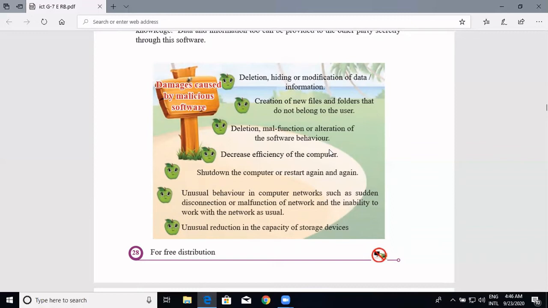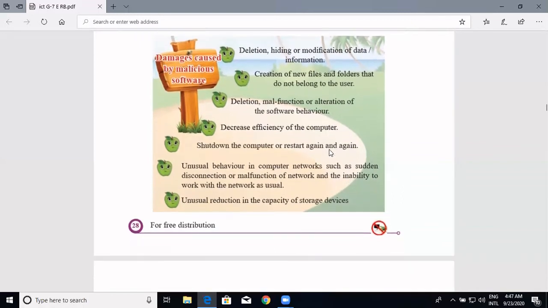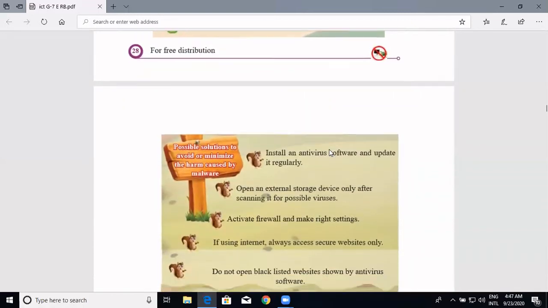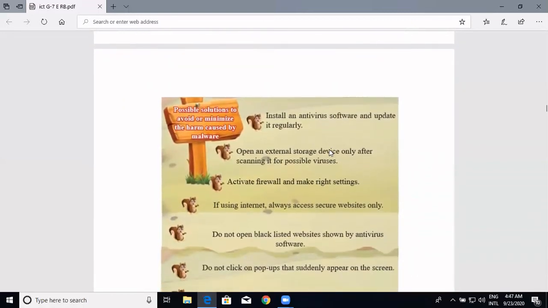Sometimes the network is very slow, right? These unusual behaviors also can be symptoms, right? And as I said earlier, the capacity of your storage devices can unusually reduce because the virus or the worms are replicating themselves and using your memory capacity, right?